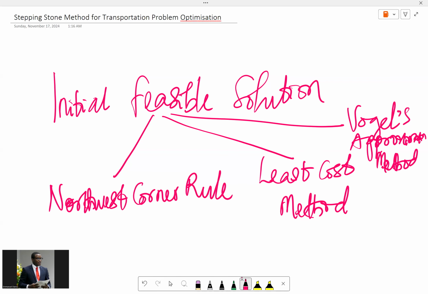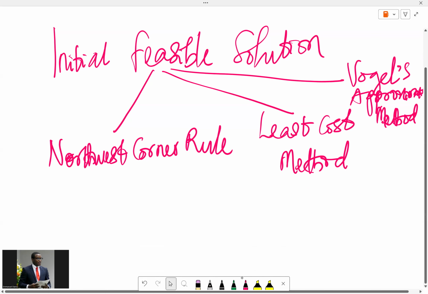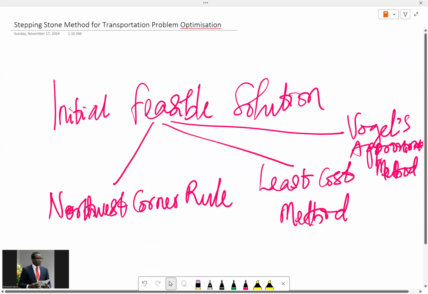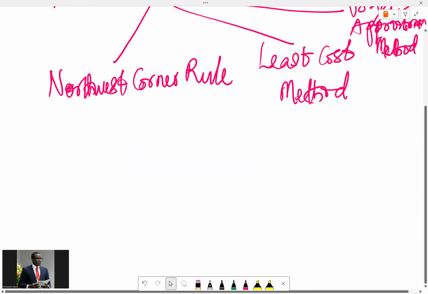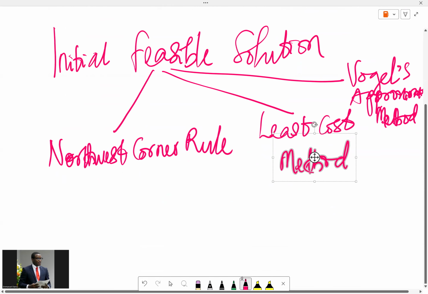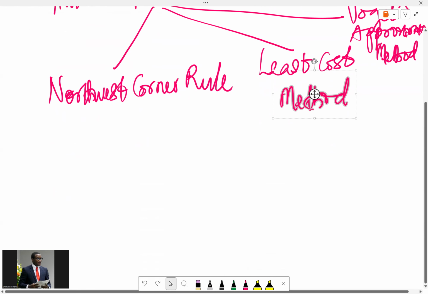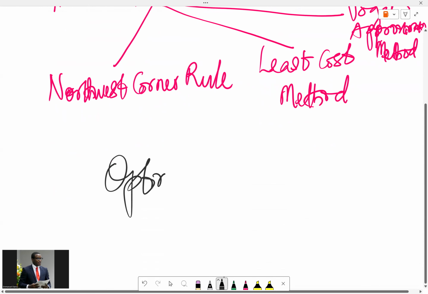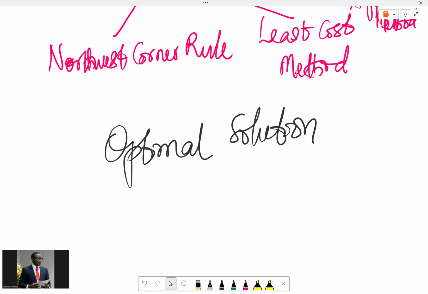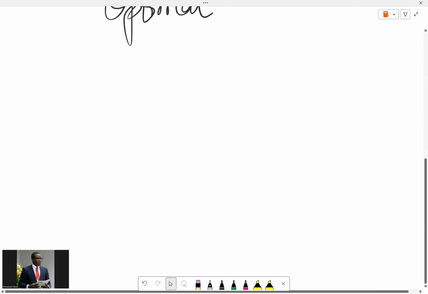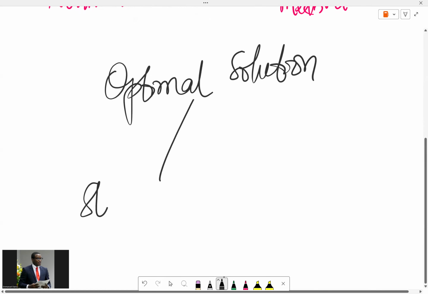After finding that, the initial feasible solution can be the optimal solution, but it may not be. But how do you optimize? For the optimal solution, you need other methods, like what we are considering today, the stepping stone method.